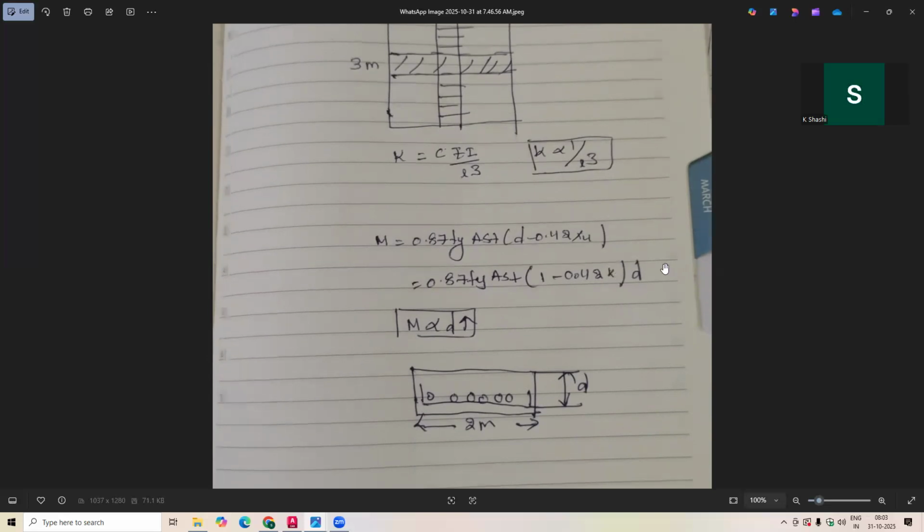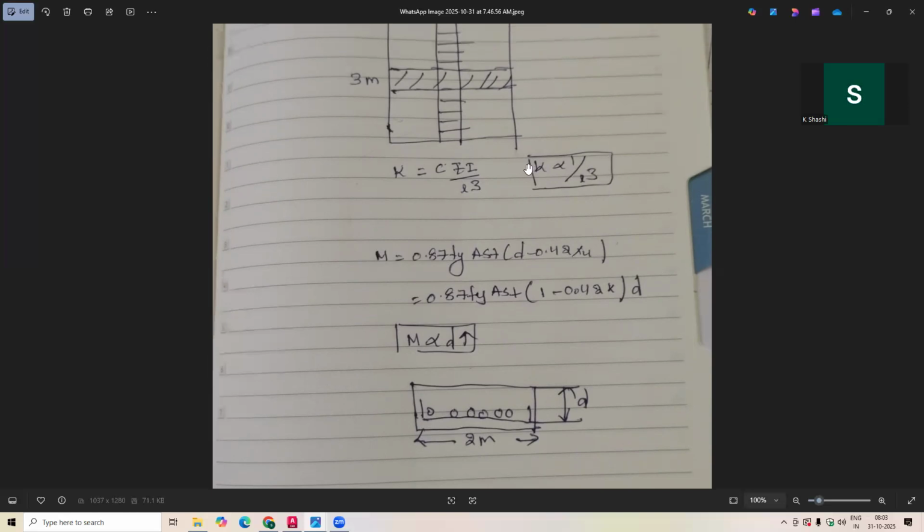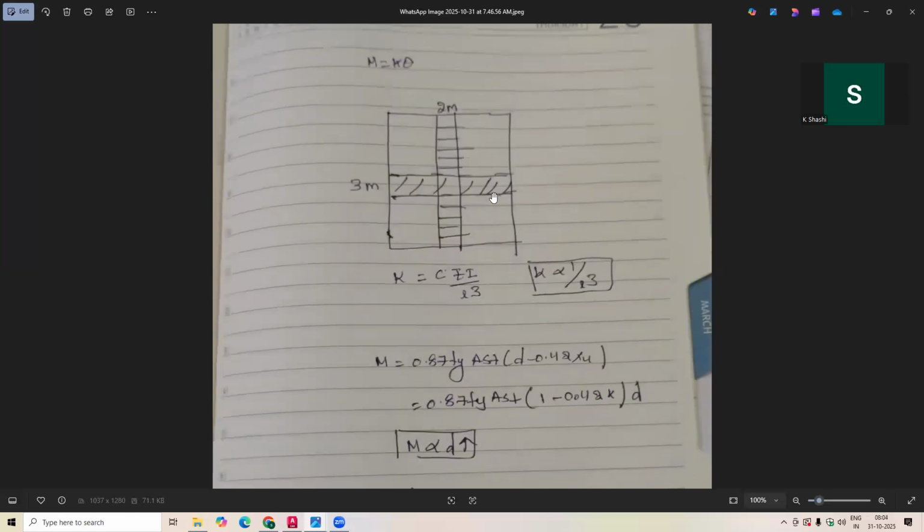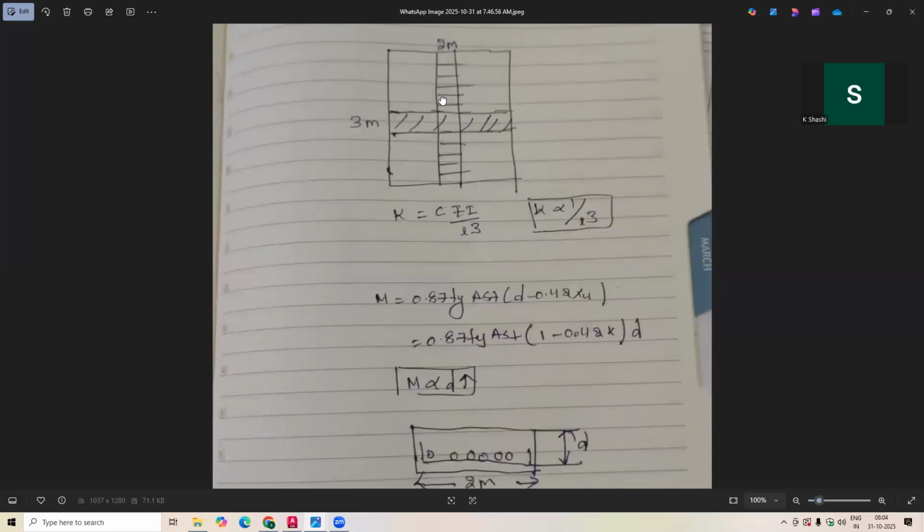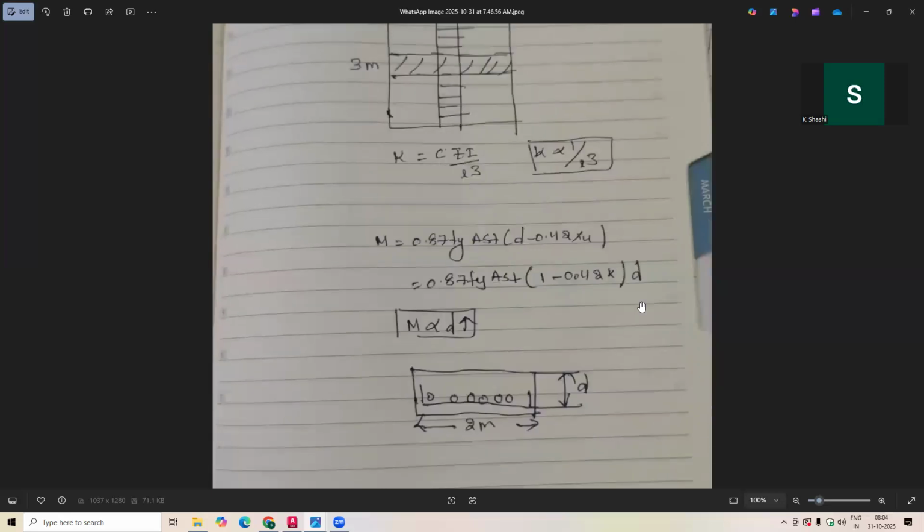If our effective depth increases, our moment of resistance increases. Whenever span is less, stiffness increases. Whenever stiffness increases, it will absorb more moment in order to produce the unit rotation. In order to resist that, we need to increase the effective depth. Whenever we increase the effective depth, the moment of resistance automatically increases.